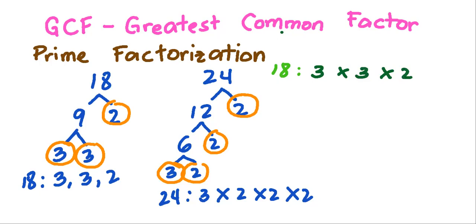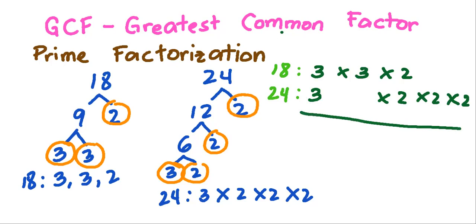And for 24, we have 3 times 2 times 2 and times 2. It would be easy for you to find the GCF if you are going to align the common factors.